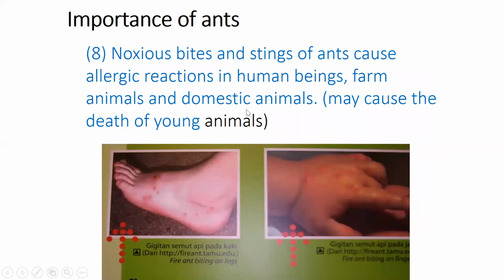Right. Now, harmfulness, how harmful the ants are. Noxious bites and stings of ants. I'm sure you all have experienced it, at least a few of you, right?